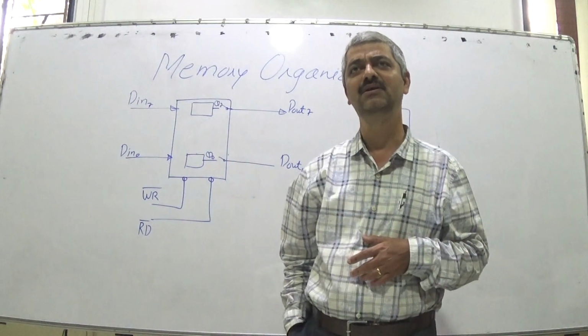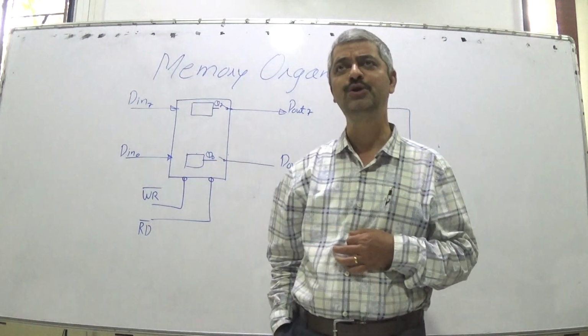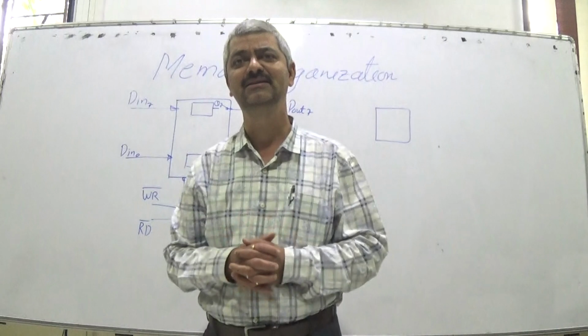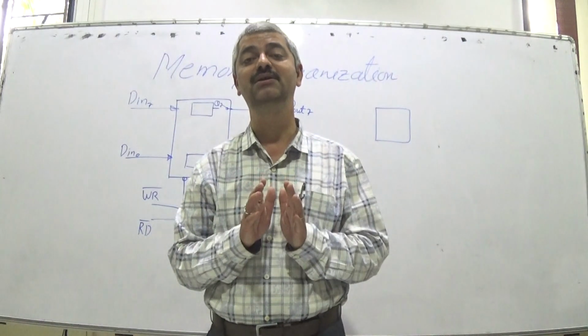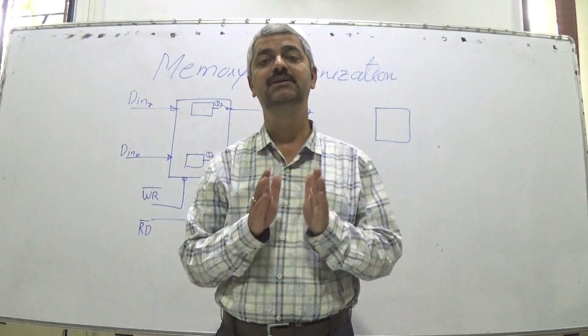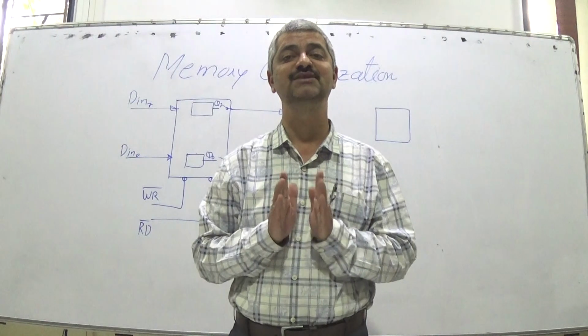Suppose you want 4 bananas, you bring 4 units of bananas and put them on the table. No, not like that. What I am doing here is, I want the access window to be the same as 1 byte.